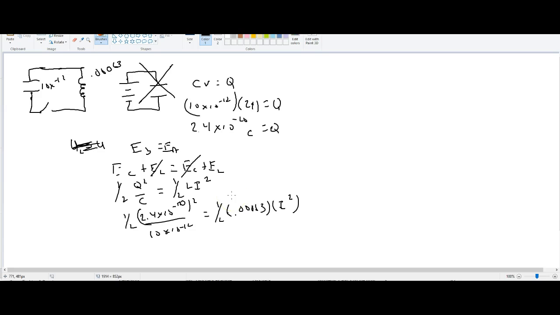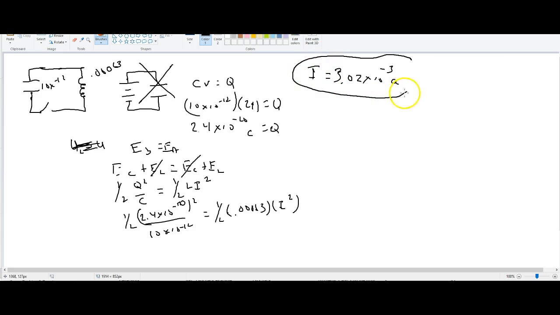So 0.5 times 2.4 to the negative 10th squared divided by 10 to the negative 12th, times 2 divided by 0.00063, square root, and I get that the maximum current would be equal to 3.02 times 10 to the negative third, and current's measured in amps.